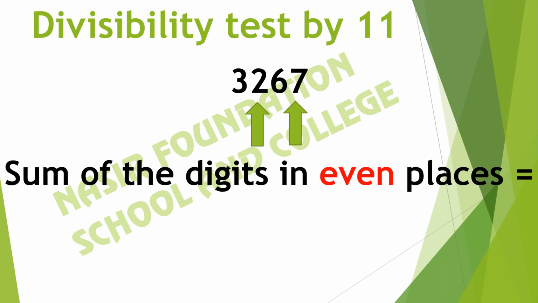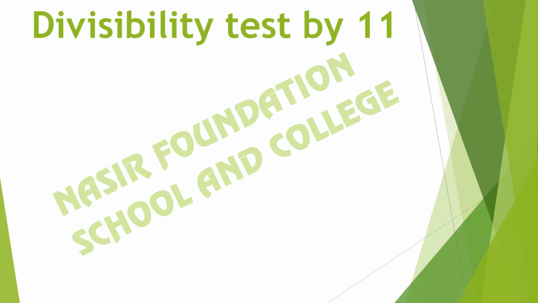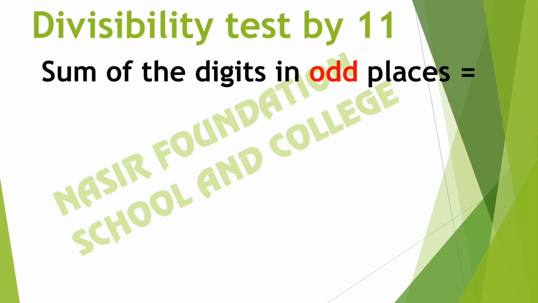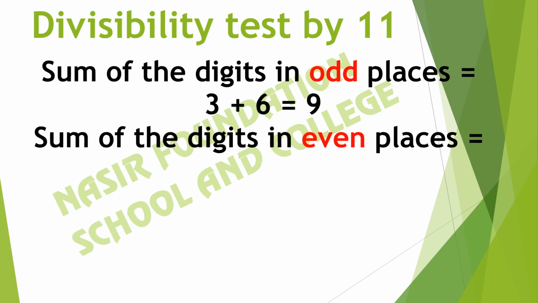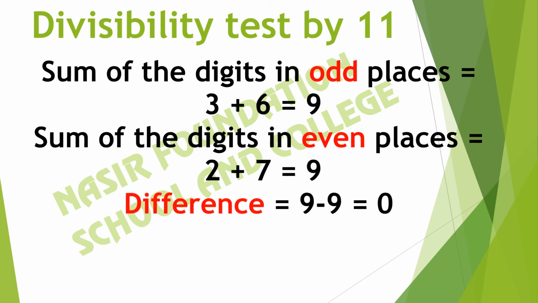If we add them, we get 9. 2 plus 7 makes 9. Now the third step: the sum of the digits in odd places is 9 and the sum of the digits in even places is 9. We will subtract both of them. If we subtract 9 from 9, we get 0. It means the number can be divided by 11.